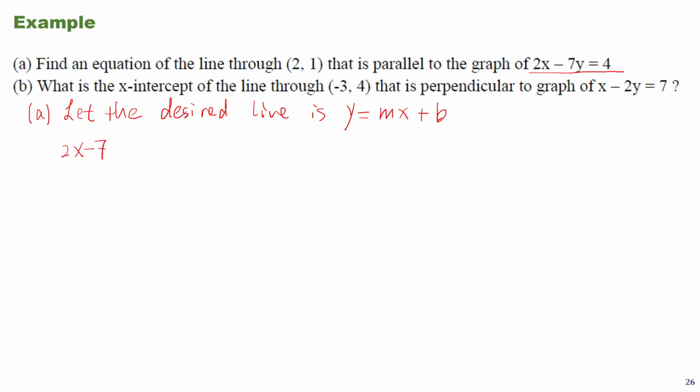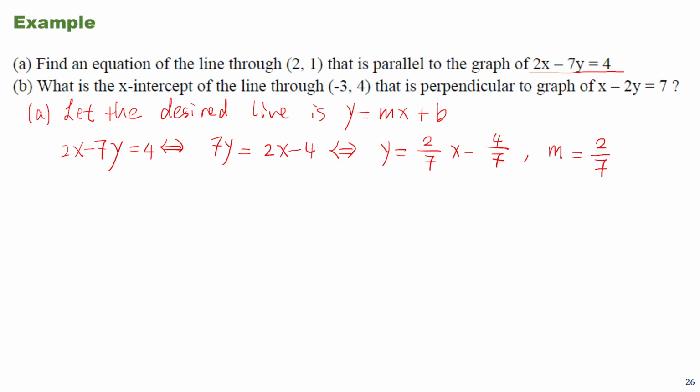And let's find the slope of the given line here. Usually we can convert that to slope-intercept form to find the slope, which is 7y equals 2x minus 4, which is equivalent to y equals 2/7 x minus 4/7, right? And we know the desired line must have the same slope as this line, which means m equals 2/7, right? And therefore we know y equals 2/7 x plus b.